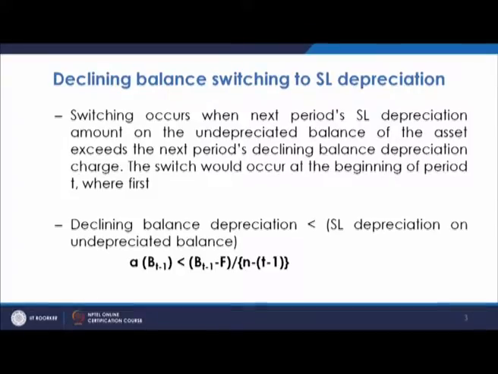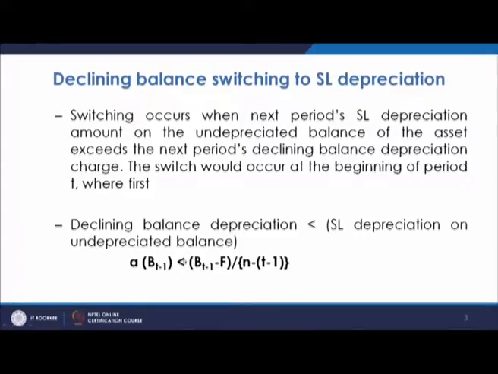Now, we know that using the declining balance method during the tth year, the amount of depreciation is alpha times the book value at the end of (t minus 1)th year, and for that time the straight line method of depreciation will calculate the depreciation charge as this.